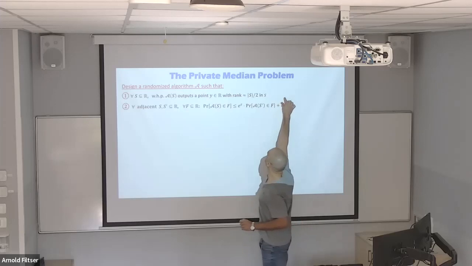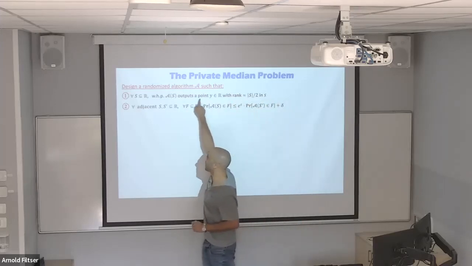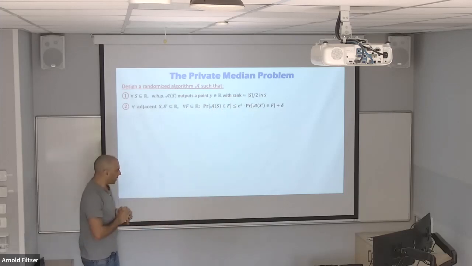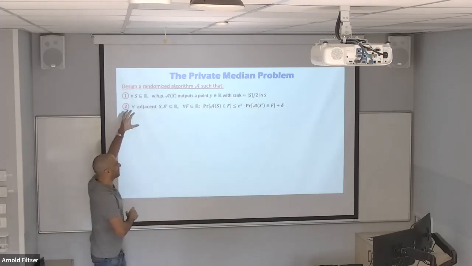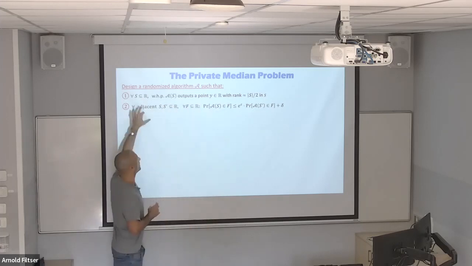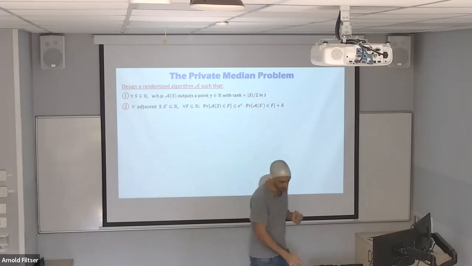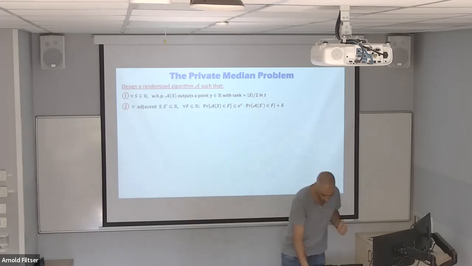So I edited this requirement 1. I'm not done tweaking the problem, but at least I have the privacy constraint written here, and roughly the utility requirement also written here. So that's the private median problem.